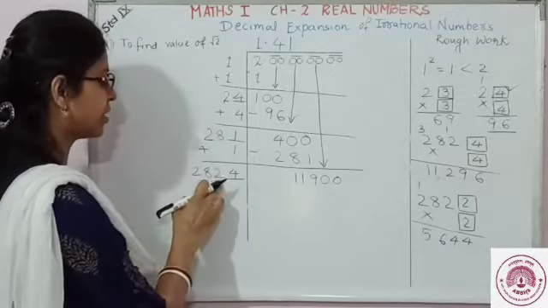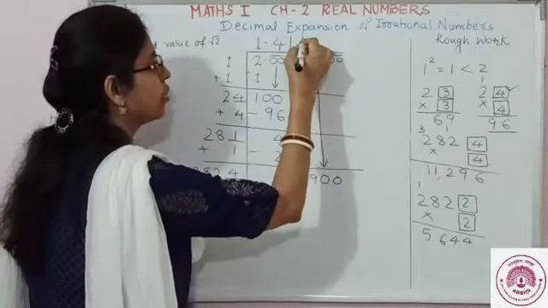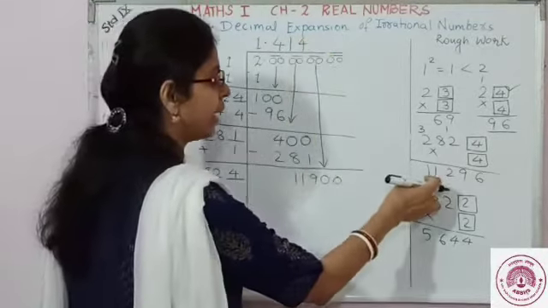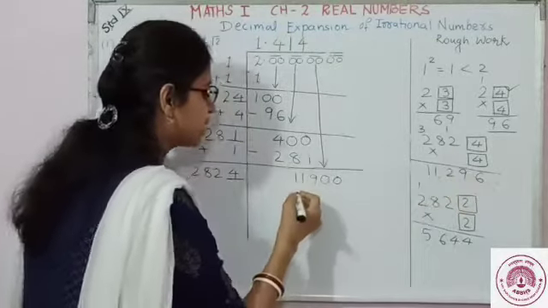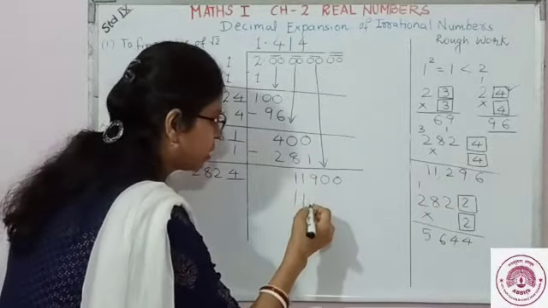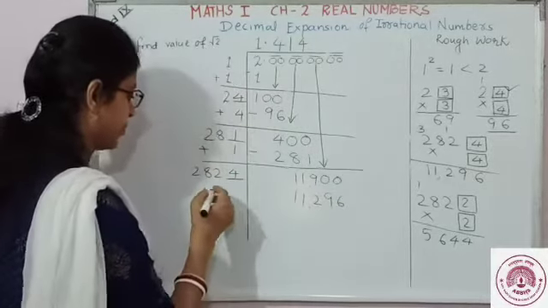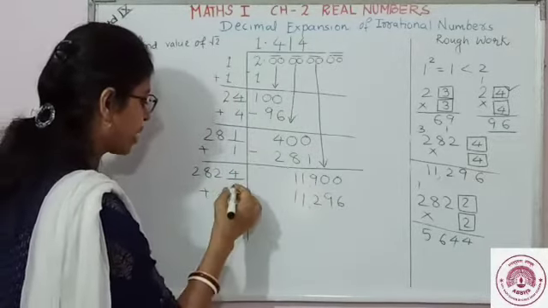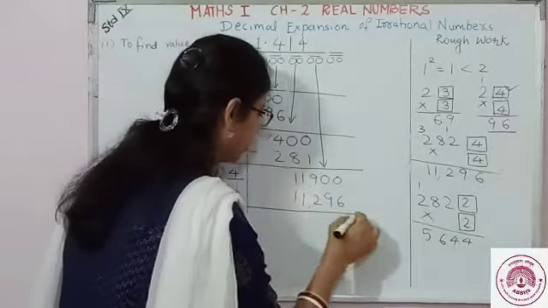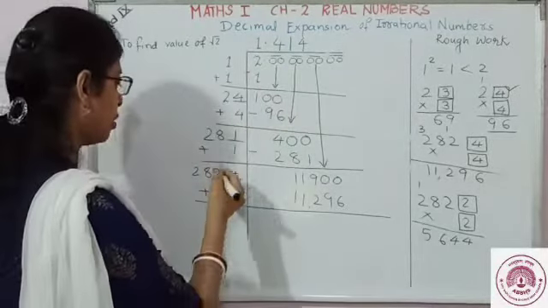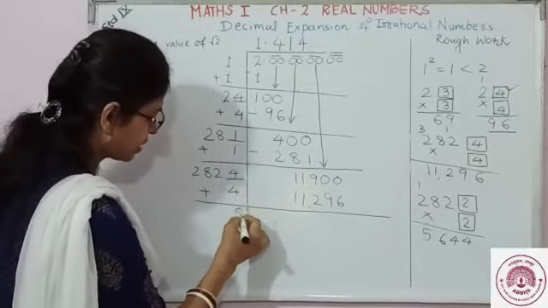So 2,824 multiplied by 4. What value did we get? 11,296. So let's write 11,296. And here we have to add the same digit, that is 4. Now let's add: 4 plus 4 is 8.